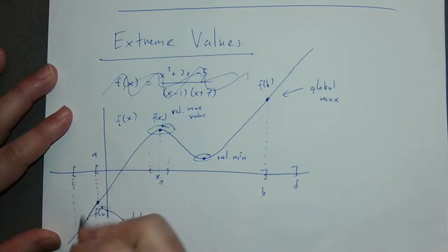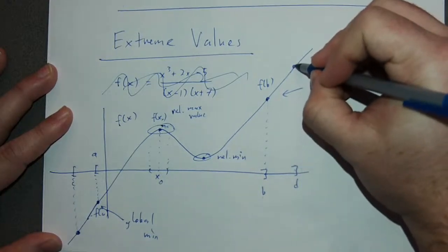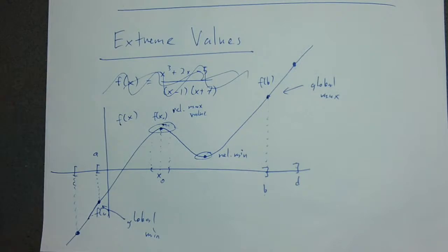Now my global min is this point, this value, and my global max is this value. As I expand that window, the values that make up my global min and global max change. So global mins and global maxes can change if you expand or shrink the window.